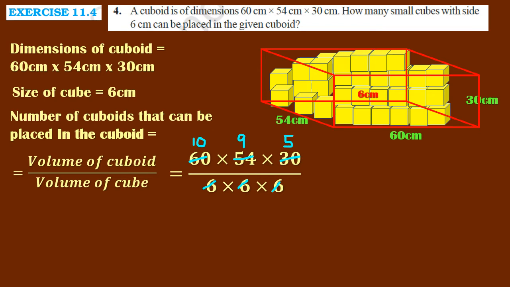Instead of multiplying to find the volume of cuboid 60 into 54 into 30 and getting the answer, then again finding the volume of the cube 6 into 6 into 6 and dividing, to make it simpler, I put it as 60 into 54 into 30 over 6 into 6 into 6 only. So easily you can simplify it. So 450 cubes can be placed.